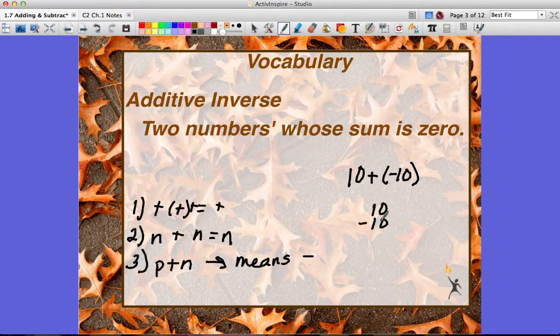So I do 10 minus 10 and I get 0. So negative 10 is 10's additive inverse. Okay, so if I had negative 9, negative 9's additive inverse would be positive 9, because when you add those two things together, they give you 0.